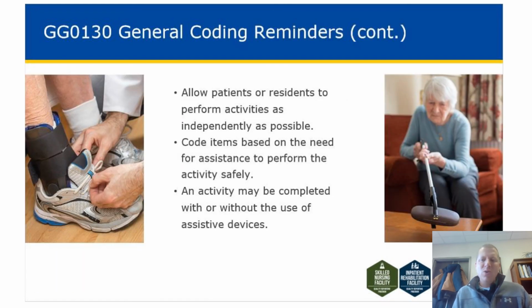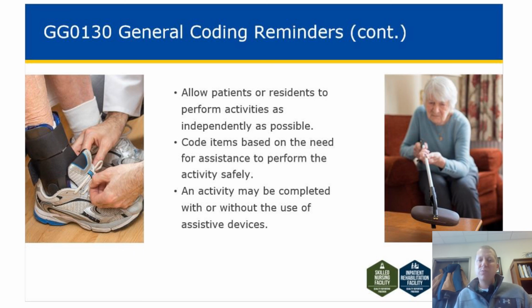So as we're going through and as we're coding, okay, just a reminder, we want to allow the patient or resident to perform activities as independently as possible. Okay, so the way we code is based on the need for assistance to perform the activity safely.